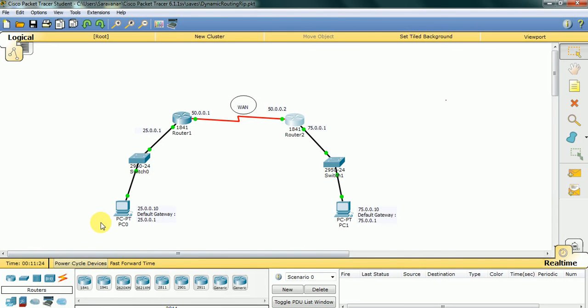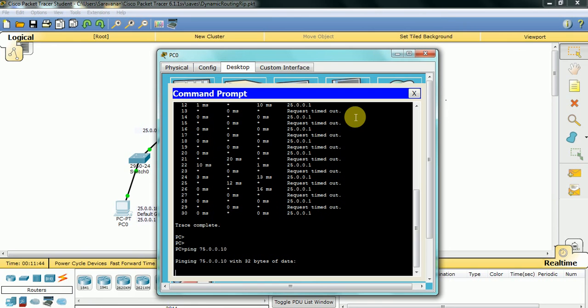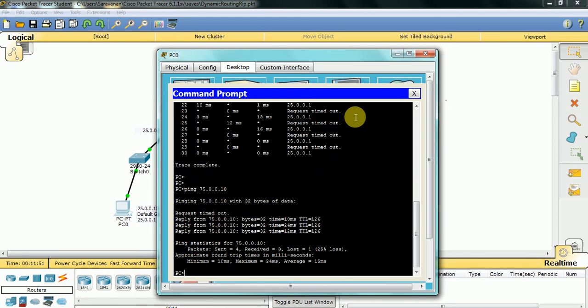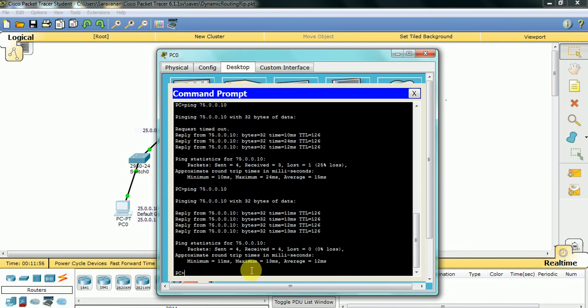Now, let us try to ping from this system to this system. Ping 75.0.0.10. Yes. Now let us trace the route.